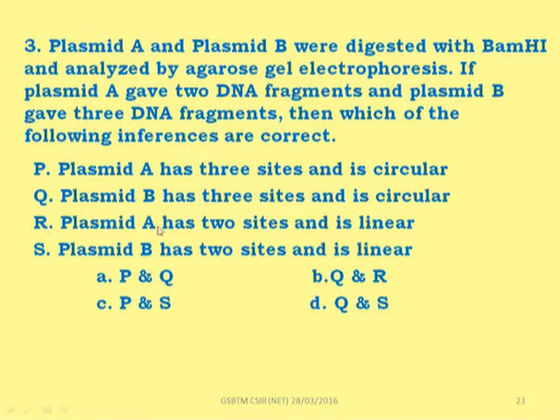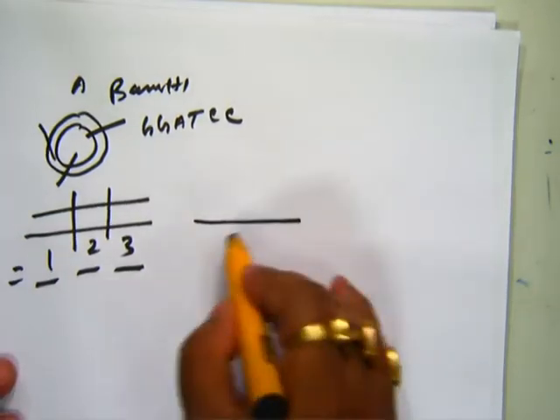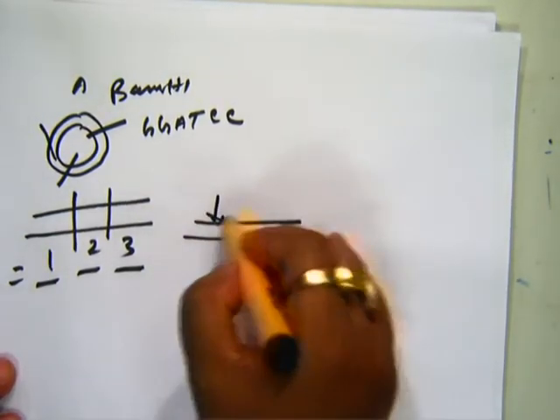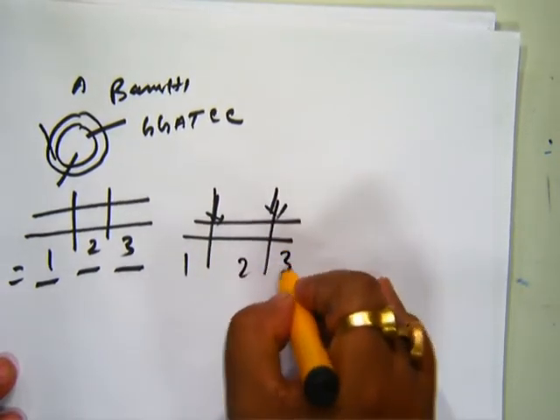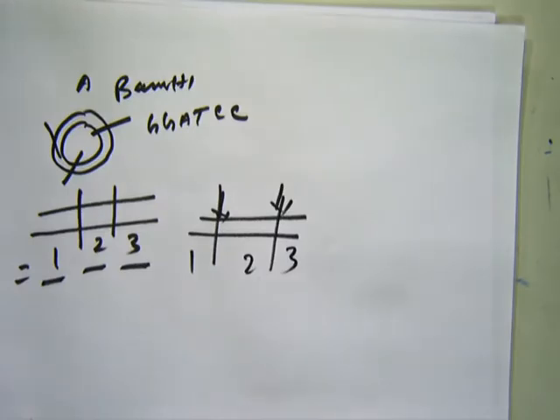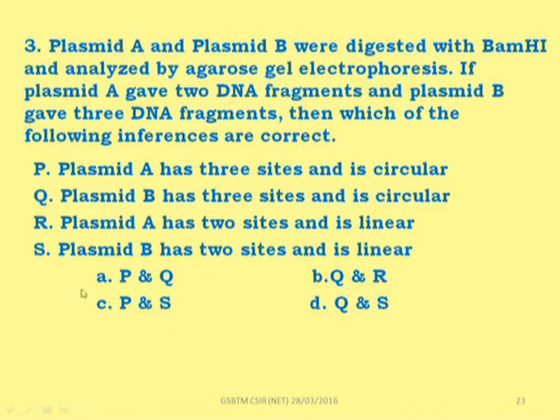Another one, R, plasmid A has 2 sites and is linear. If plasmid A has 2 sites and is linear, the number of fragments will be 1, 2, 3, but it gives only 2 DNA fragments. So this one is incorrect. Now the last one, S, plasmid B has 2 sites and is linear.